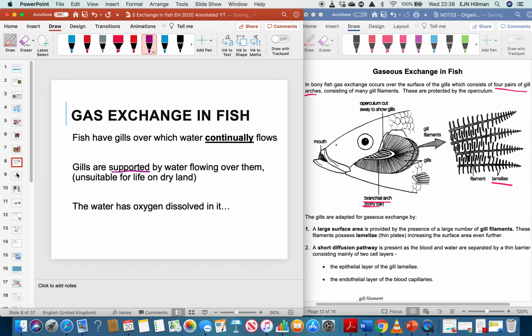Okey-doke. So, water has oxygen dissolved in it. Okay, and that is really important. It is dissolved. I have asked people in the past whether they think fish are able to do this. In fact, every year I ask this. Can fish do this reaction?